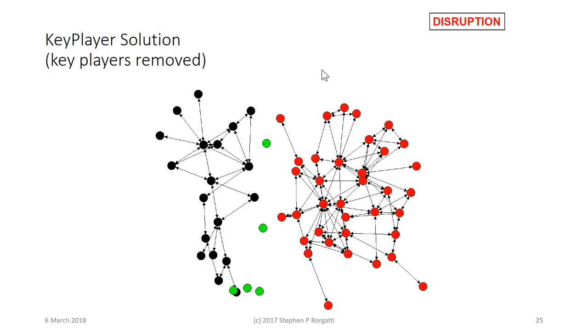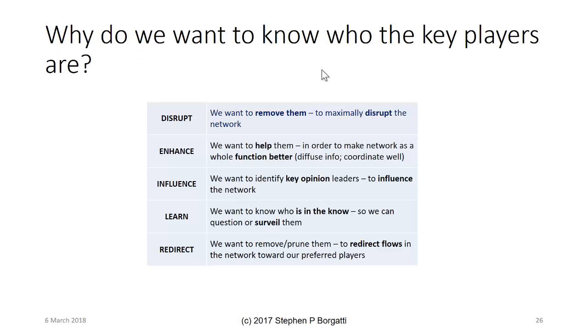If I remove them and just look at the picture, you can see it leaves a chunk on the right, a chunk on the left, and then a bunch of isolates. And so it's as effective as can be. In other words, the algorithm tries to find the optimal 3 nodes that could be removed that would maximally damage the network.